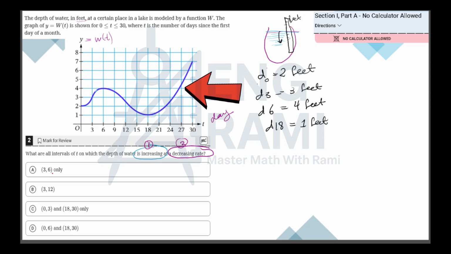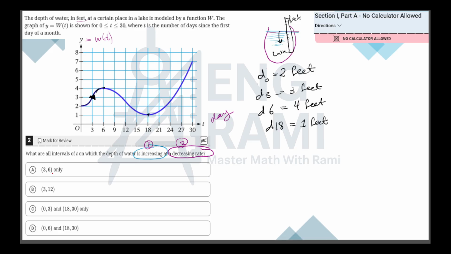From the graph, from the instant of the installation of the ruler at that lake until day 6, there will be an increase in the depth of the water.